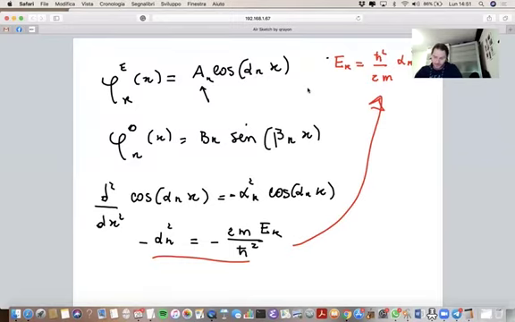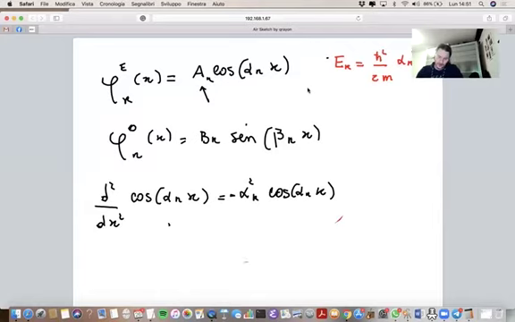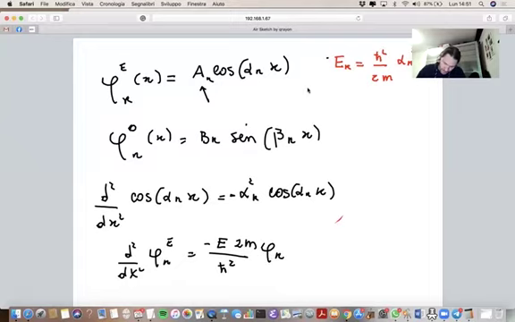So once again, just to make sure that everybody is with me on this, I'm applying d squared dx squared on phi k even, which is equal to negative of E times 2m over h bar squared times phi k even.